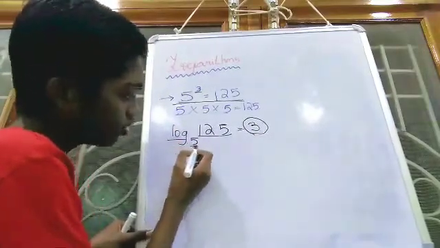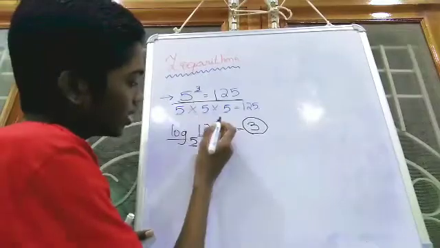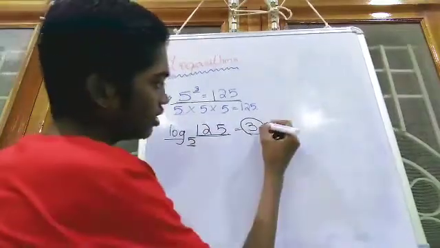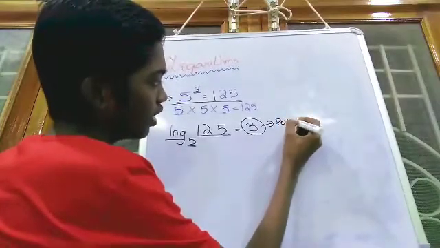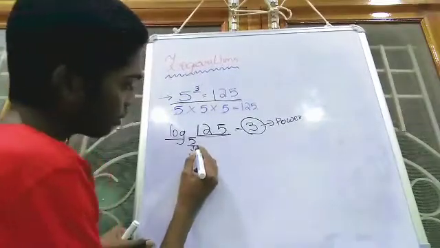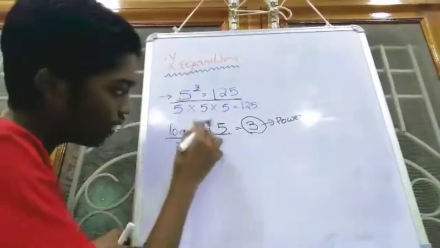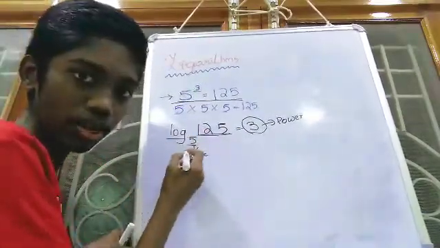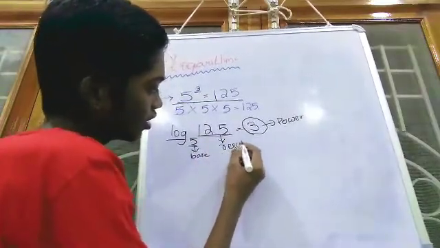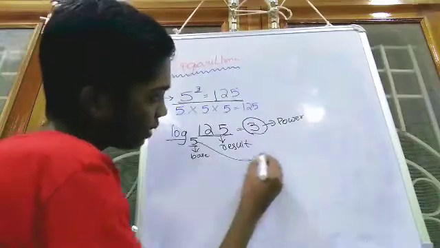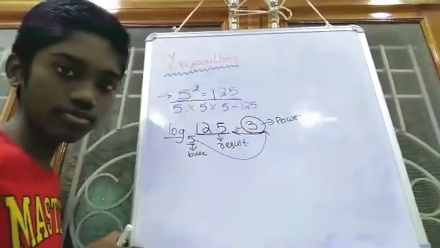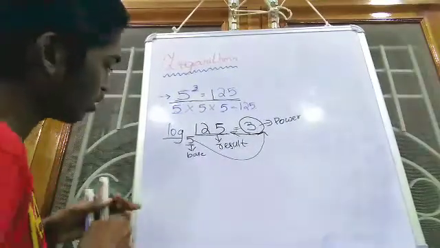Under the log we have to keep the base, and beside the log we have to write the result. If we observe carefully, this is the power and this is the base. This we can remember easily. Why? Because we are pronouncing it as log 125 to the base 5. Means it is the base, we can easily understand. And this is the result. Means 5 power 3, 5 cube is equal to 125. Now let us take one more example.